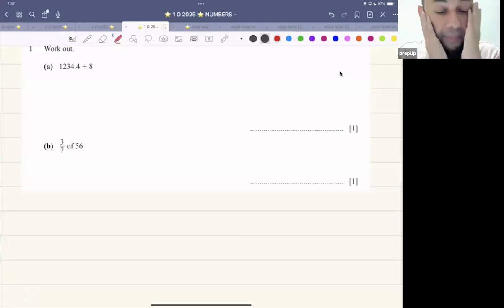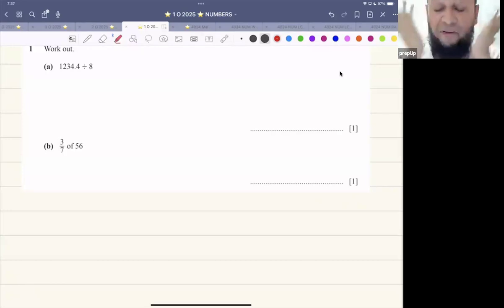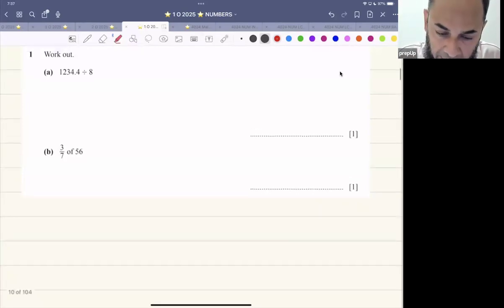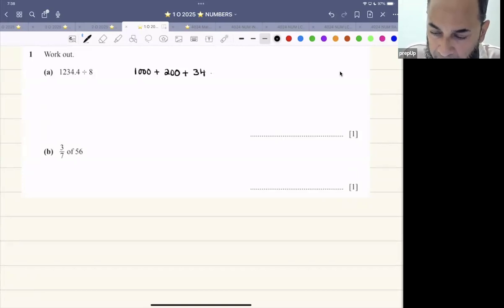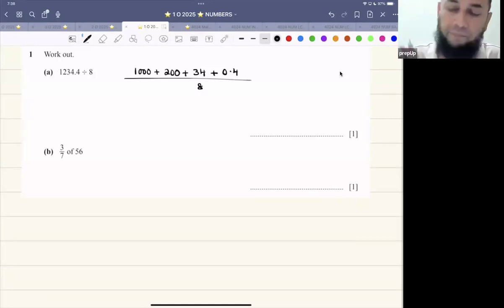1234.4 divided by 8. Now, what are the different ways of doing it? It's for 1 mark. First of all, in order to make you understand from the basics, this is 1000 plus 200 plus 34 plus 0.4, and this is divided by 8.